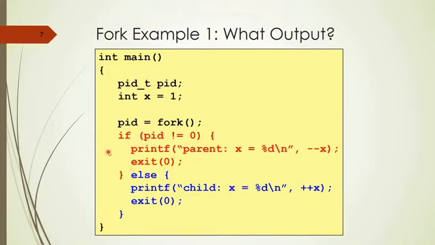It will not go to the red part. So the child will execute this blue part and it will take 1 and add 1, which gives 2. So the output will be 0 and 2, because this is executed by the parent and this is executed by the child.